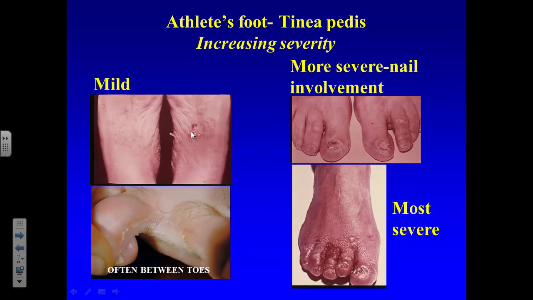Okay, so how do you get athlete's foot? We have all been given the lecture about wearing shoes in the locker room, and it's actually true, because what happens in most cases is that a piece of skin is being degraded by that fungus. Here, the fungus is growing on the foot, and as you can see, it's causing the skin to flake off.